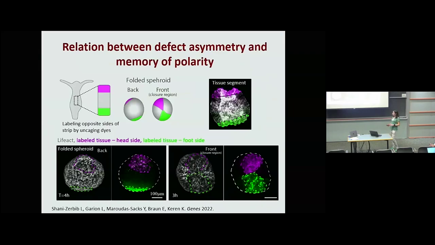So returning to here, this was work done by another former PhD student in the group. What she did is she labeled the tissue with two different colors, one marking the originally head-facing side and one marking the originally foot-facing side. What we saw from these experiments is that the polarity can't be trivially inherited here, because there's a region in which the originally head-facing side and the originally foot-facing side come together when this spheroid seals.